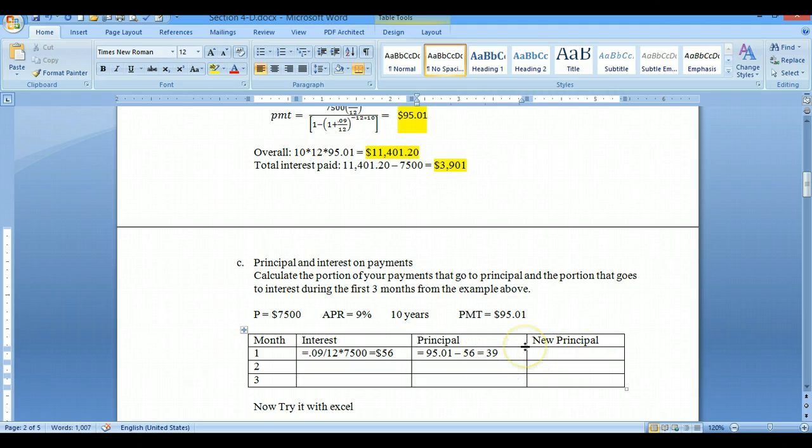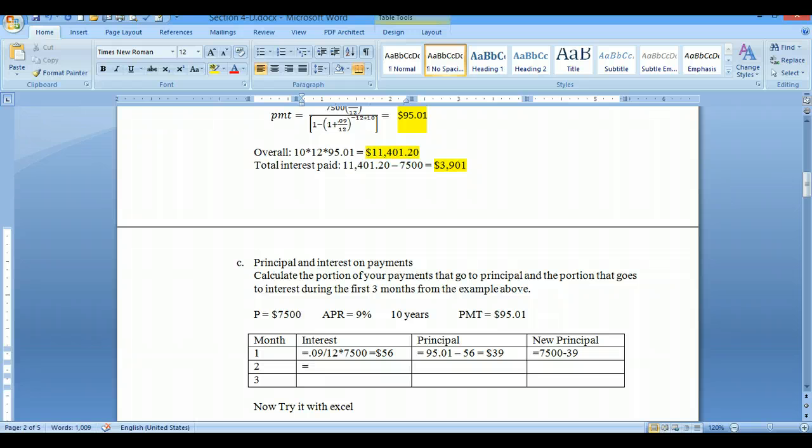So this is what I can take off from the principal. So my new principal is going to be what I started with, 75,000, and subtract, oops, I got an extra zero in there, minus the 39. There we go. So now my next month, my interest will change.